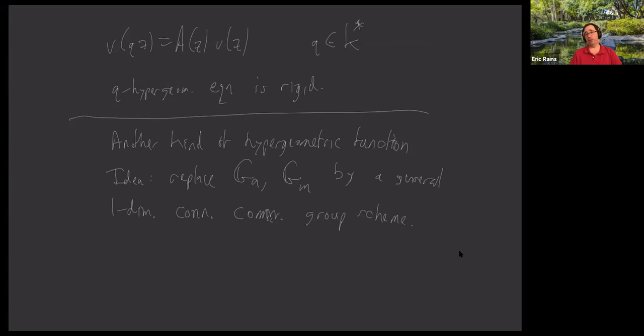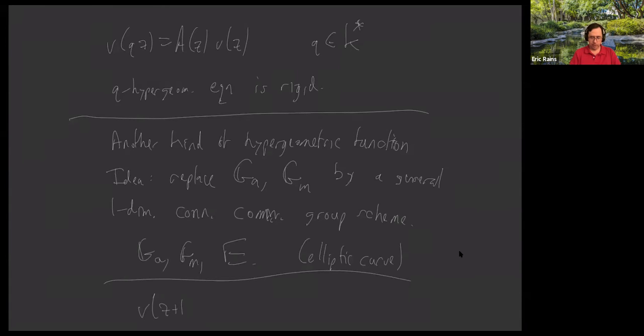Now, of course, if you're familiar with group schemes, you realize that there's not a whole lot more. So in other words, we have the additive group, we have the multiplicative group, or we have an elliptic curve. Okay, and so this gives us an elliptic difference equation.